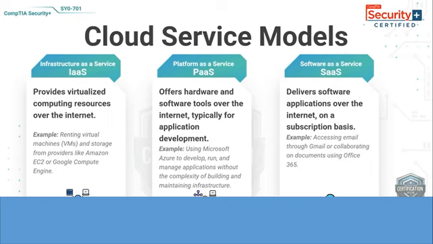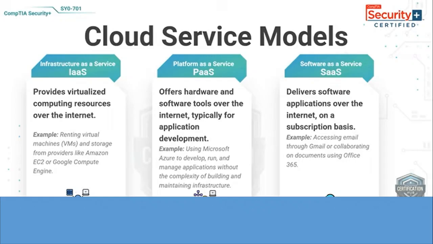Cloud service models, I have already given you an idea about that, provide virtualized computing resources over the internet. PaaS is platform as a service, providing hardware and software tools over the internet, typically for application development. SaaS delivers software applications over the internet on a subscription basis, like accessing email through Gmail, connecting to documents, and using Office 365.